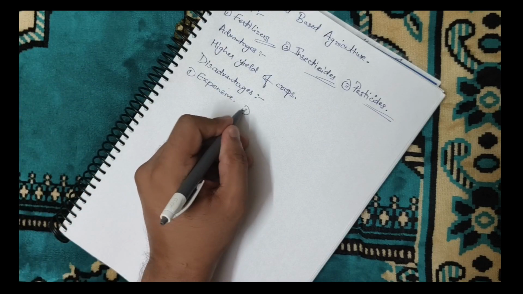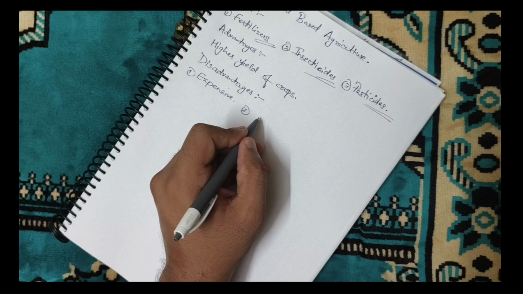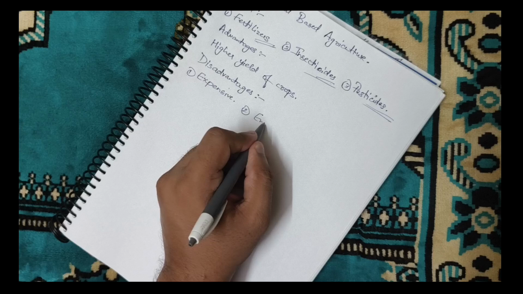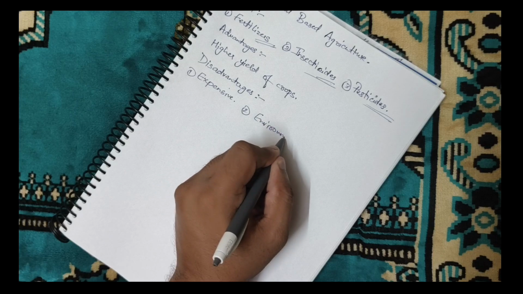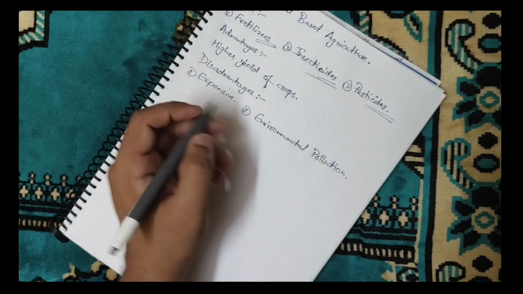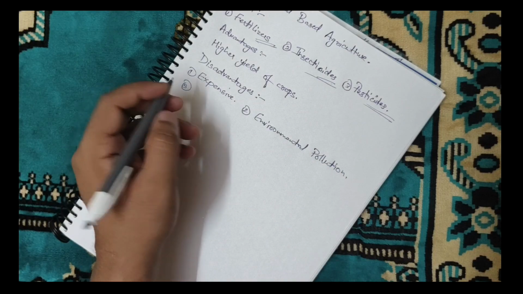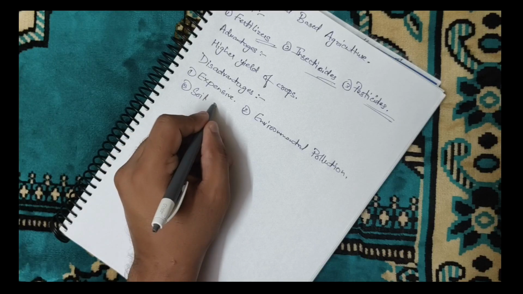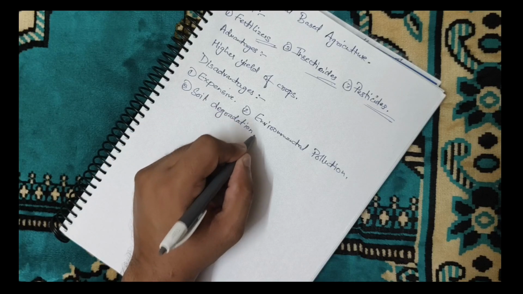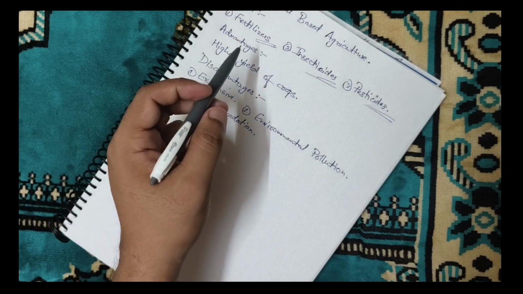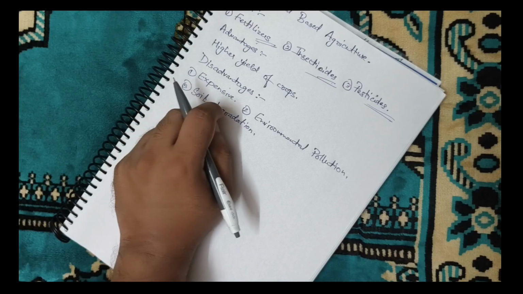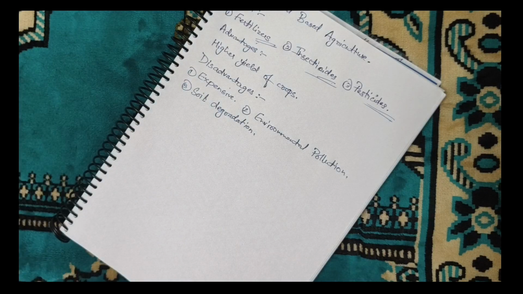Second thing which was being caused because of these chemical based tools was environmental pollution. And the third problem was soil degradation. Due to the high use of these chemical fertilizers, insecticides, and pesticides, the soil quality was getting degraded day by day.